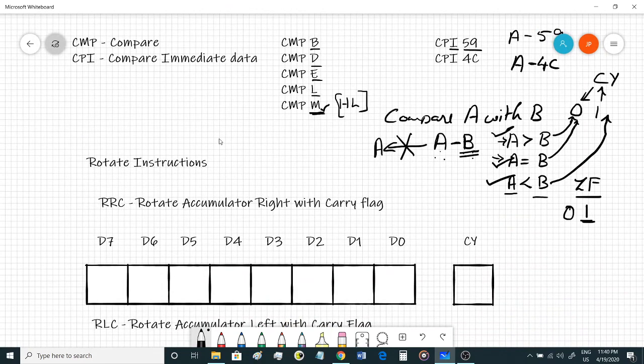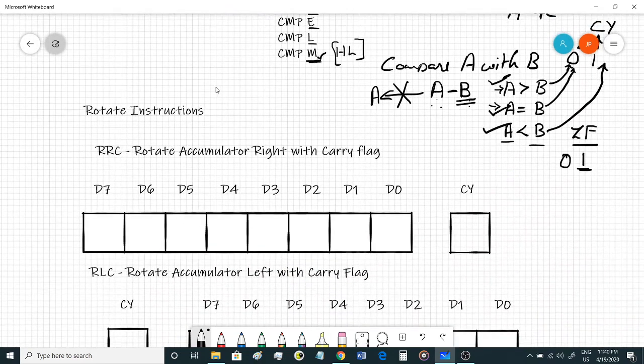So the first rotate instruction is RRC, rotate accumulator right with carry flag. Now rotate right means each bit of this accumulator will get rotated or shifted to the right. So D0 to D7 are each bit of the accumulator, 8 bits.